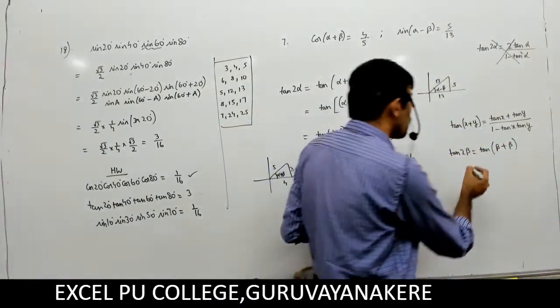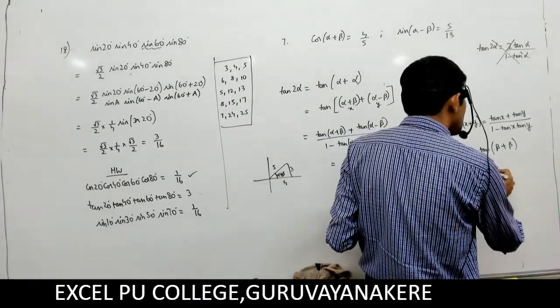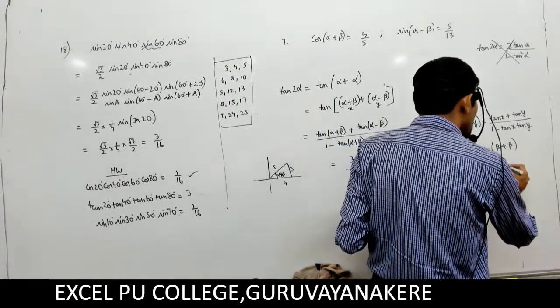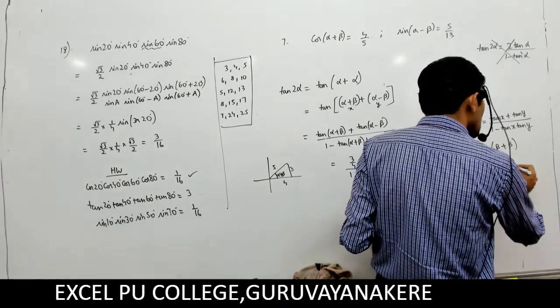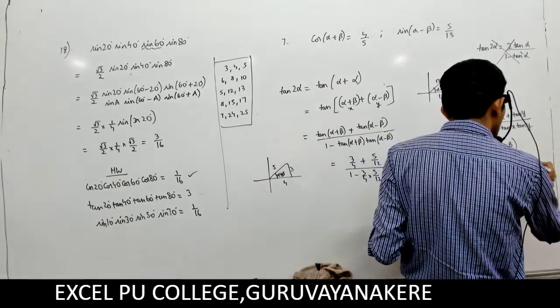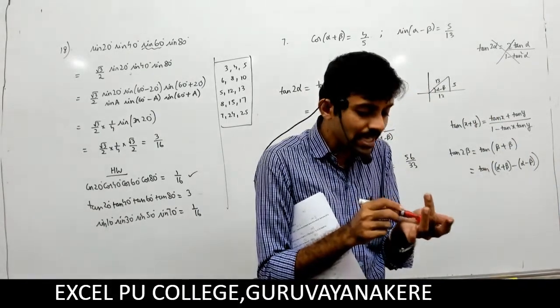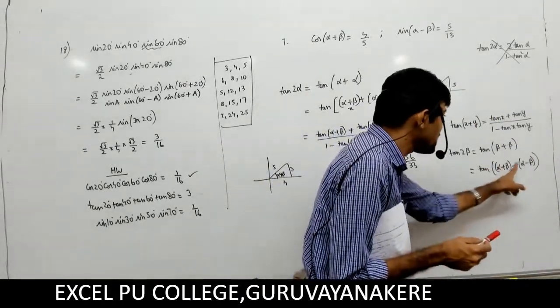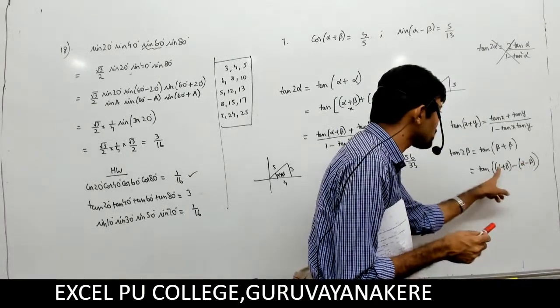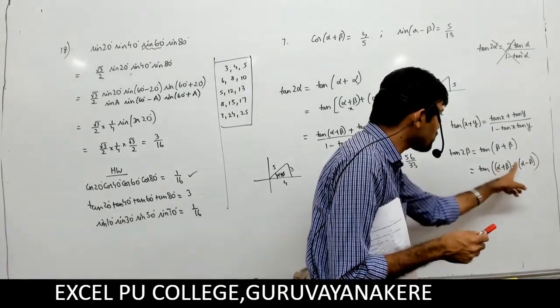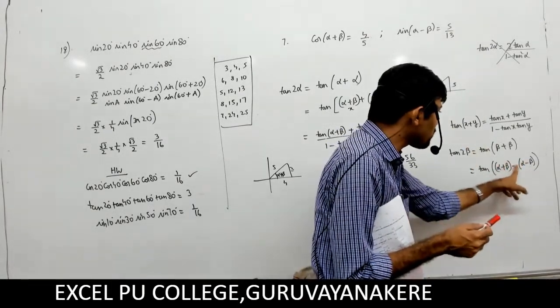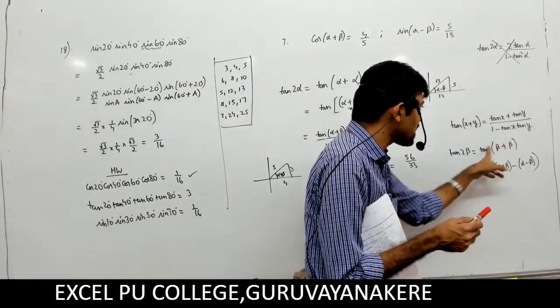In that case, you add and subtract alpha: alpha plus beta, minus of alpha minus beta. So that if you simplify, you get 2 beta, right? Alpha plus beta minus of alpha minus beta, because when you open the bracket, alpha minus alpha is 0. Beta minus of minus beta becomes 2 beta, right?